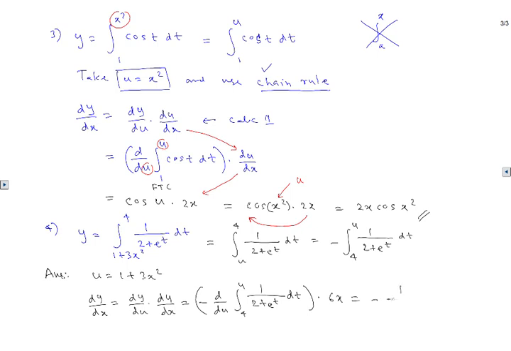So that means 1 over 2 plus e to the u times 6x. Now you put the u back. So if you put the u back and simplify, you end up getting negative 6x goes to the top, and the 2 plus e, what is u? U equals 1 plus 3x squared. So that's the final answer.